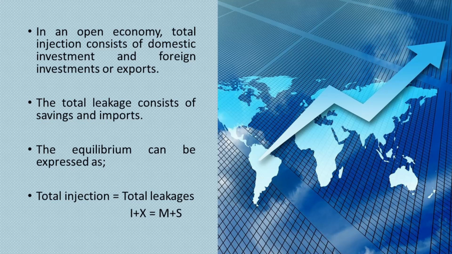An economy will be in equilibrium when total injection is equal to total leakages. If there are some changes in injection, then that has to be matched by total leakages, or the other way around. But it has to be in equilibrium. We always need to satisfy the condition of I plus X is equal to M plus S.